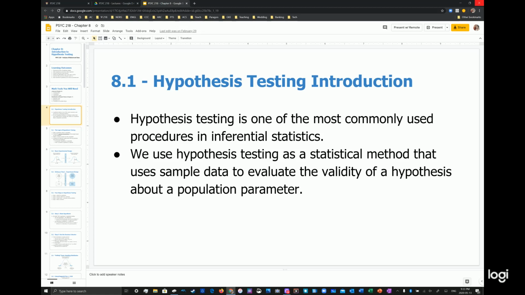And so we're testing these hypotheses and answering research questions based on the ones that we just talked about. And you can think of your own too. We also use hypothesis testing as a statistical procedure, as a way for us to see whether the sample is representative of the population or whether it is different from the population.